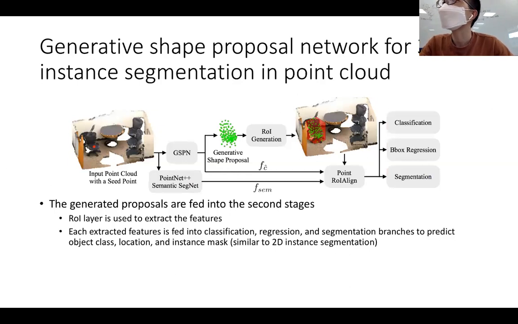The first thing is which class the object belongs to, like table, chair, board, and other things. The second thing is bounding box regression. The red one is a 3D box, and because the proposal is not so accurate, you need to refine it. Regression means you refine your box to be more accurate.